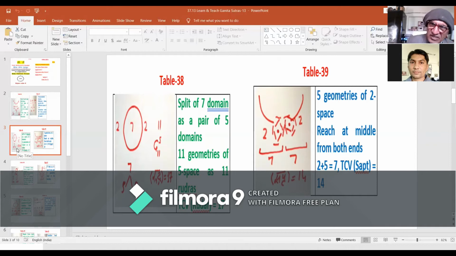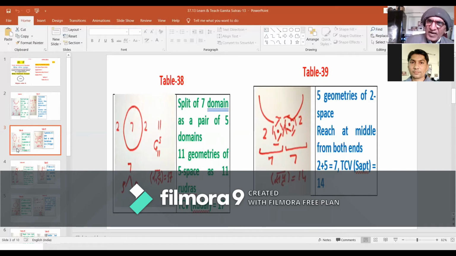Parallel to value 7, there is a 7 space format. 7 space as a domain will split and lead to a pair of transcendental domains. 7 space domain splits into a pair of 5 space domains.